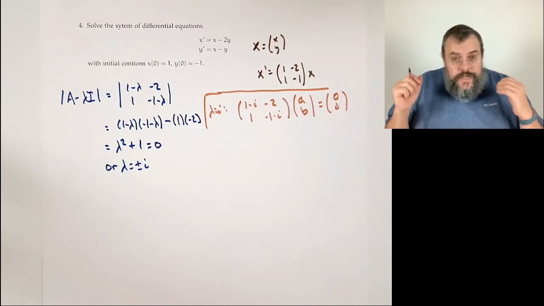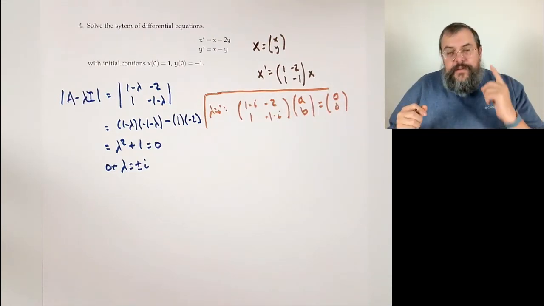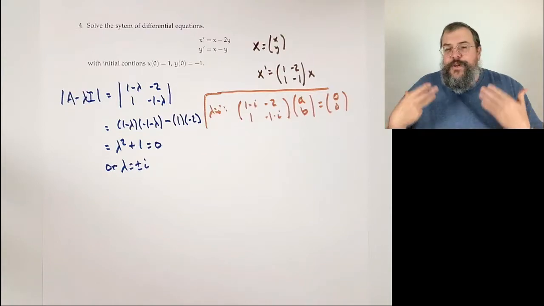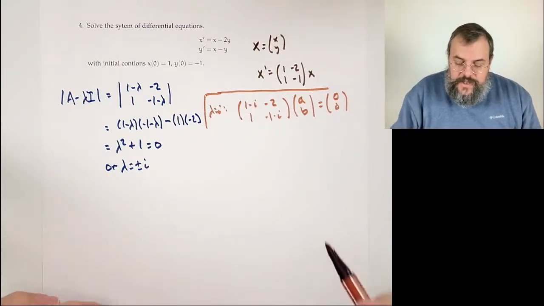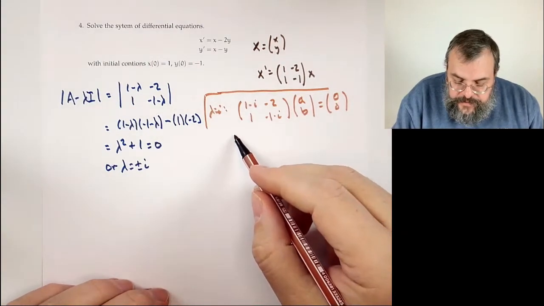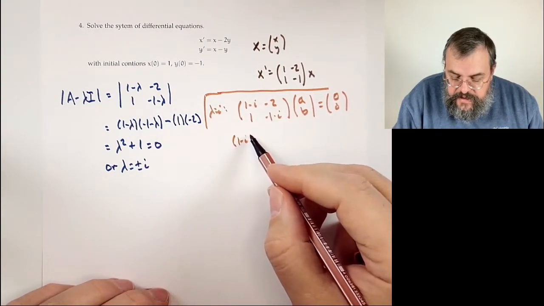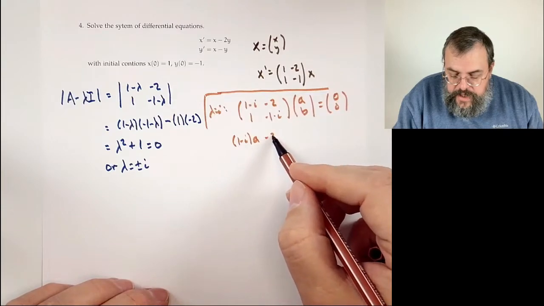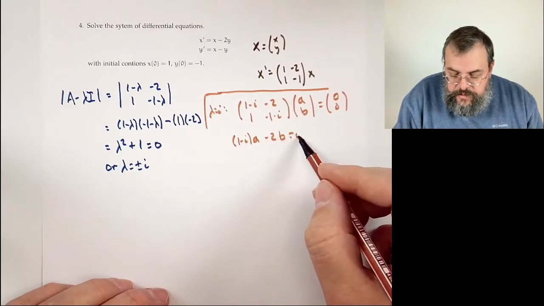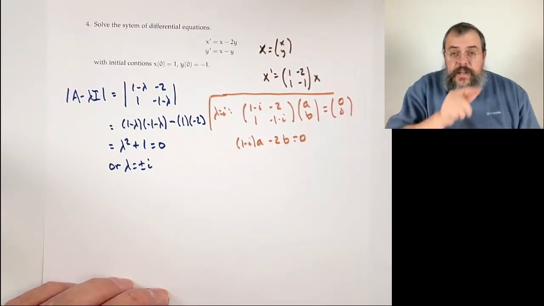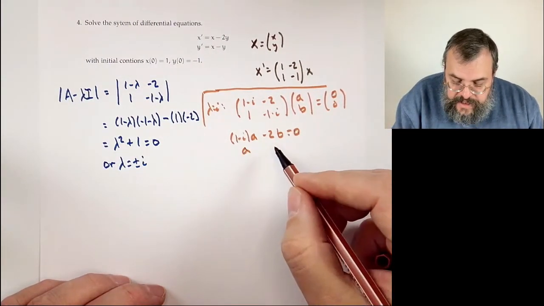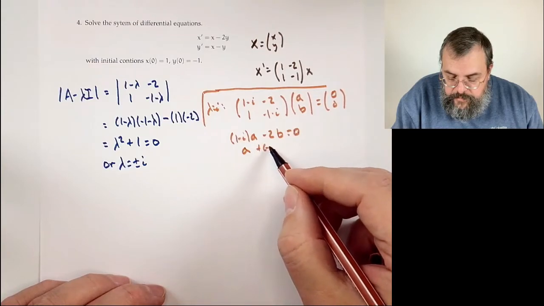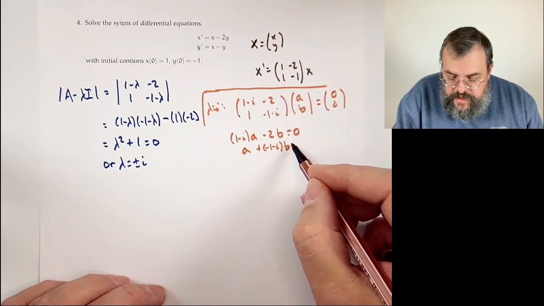Now, we know as a fact that for 2 by 2, there's going to be a redundant equation. What we mean by that is we really have two equations. 1 minus i times a, minus 2 times b has to equal 0. That's the top equation. And then the bottom equation says a plus minus 1 minus i times b has to equal 0.